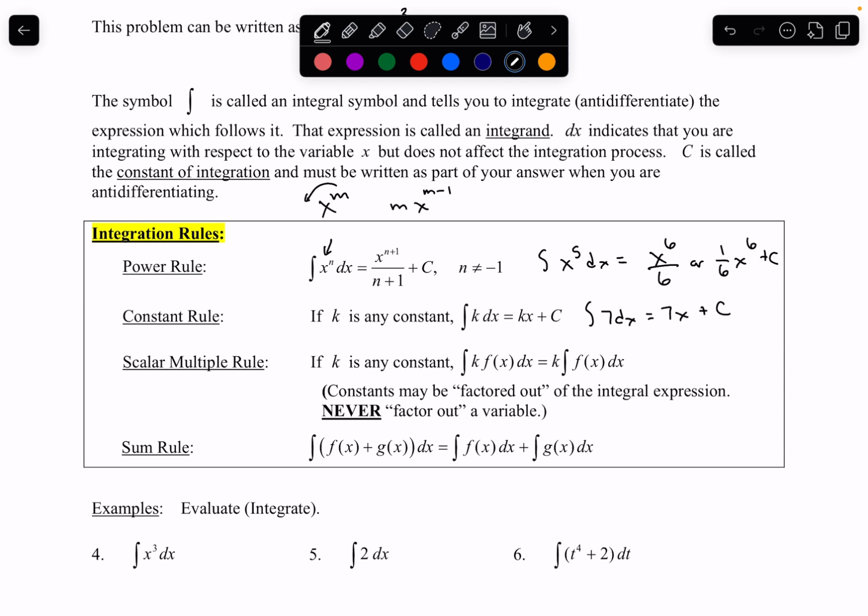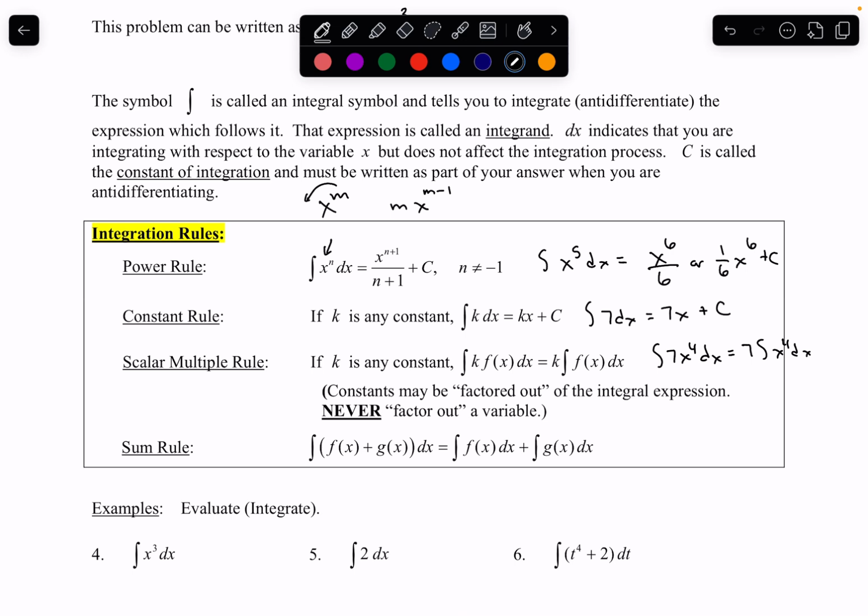The scalar multiple, this is just that same idea that you can take a constant that's out in front and move it to the front of the integral sign. So if I had something like the integral of 7x to the 4th dx, I could rewrite that as 7 times the integral of x to the 4th dx.